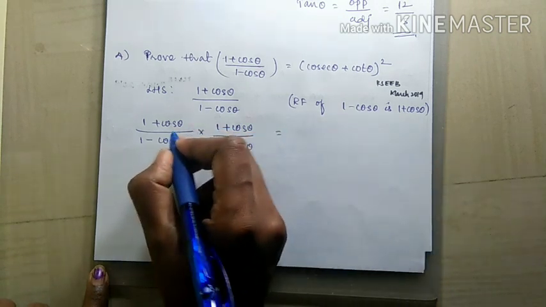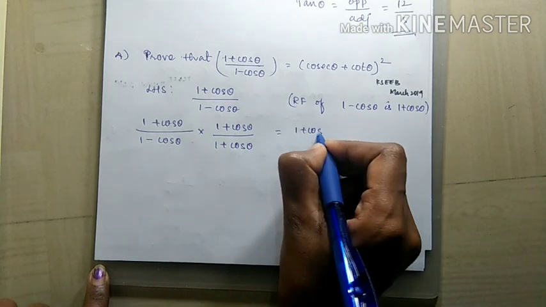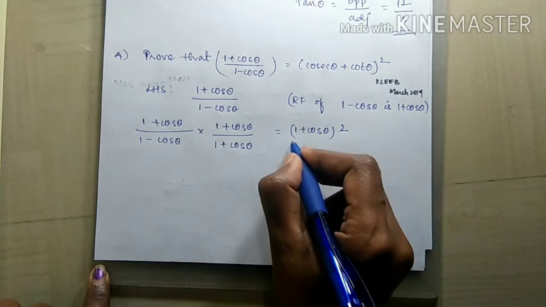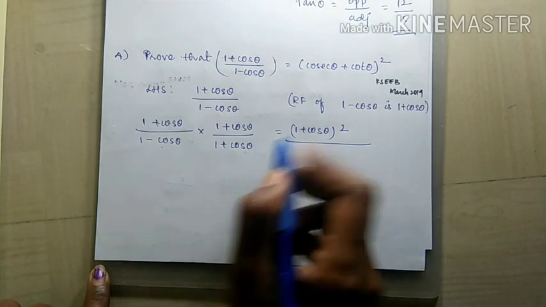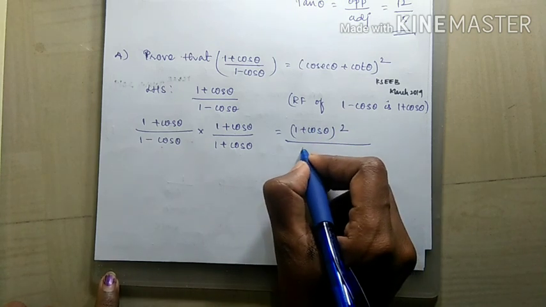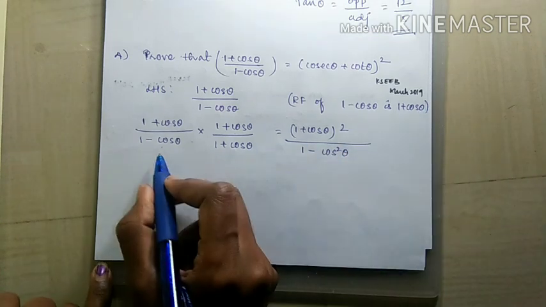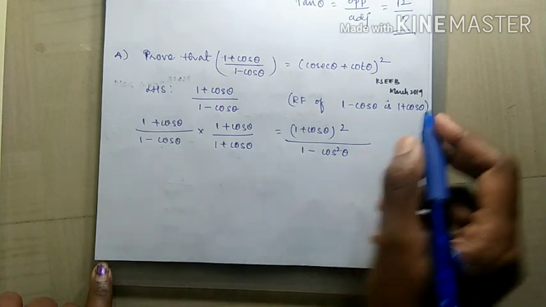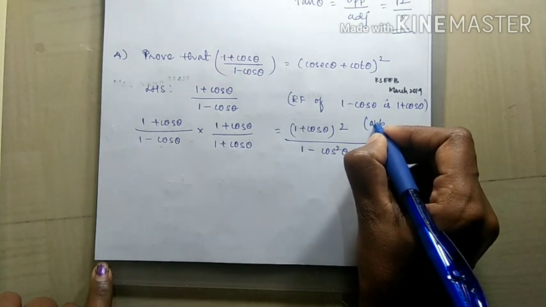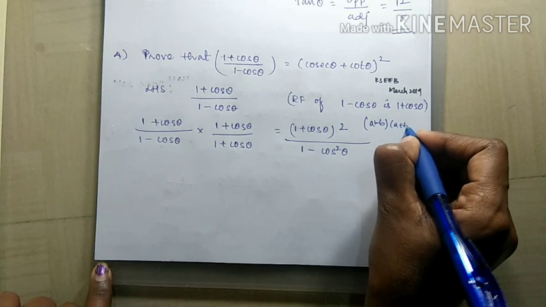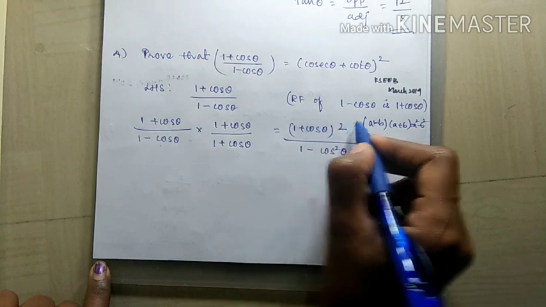That is equal to 1 plus cos theta into 1 plus cos theta, which is 1 plus cos theta the whole square, divided by 1 minus cos theta into 1 plus cos theta, that is 1 minus cos square theta, that is a minus b into a plus b. A minus b into a plus b equals a square minus b square.